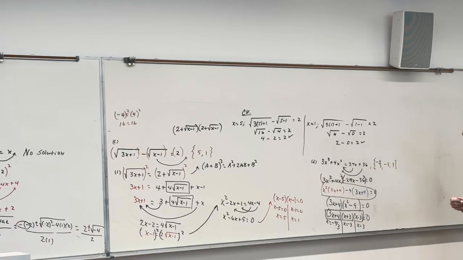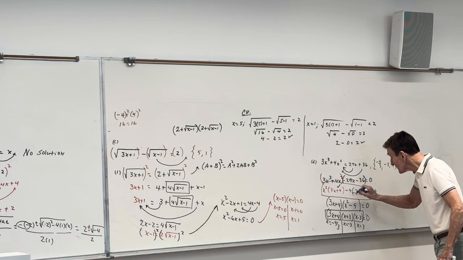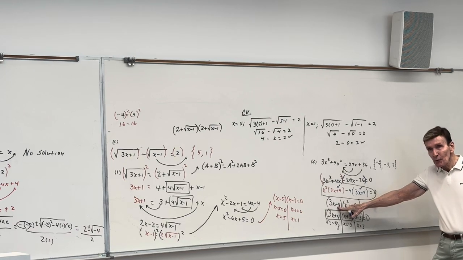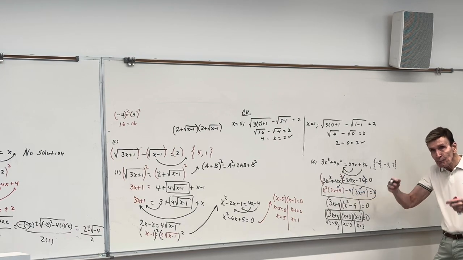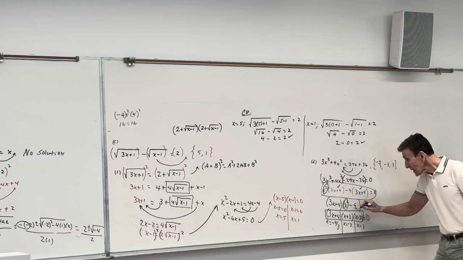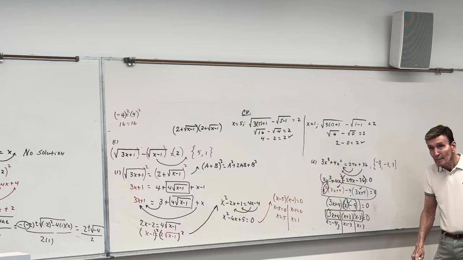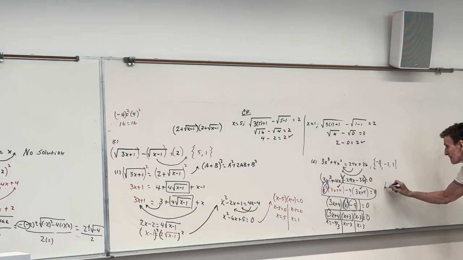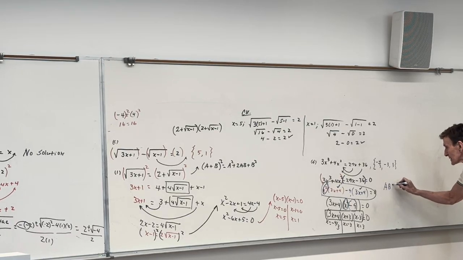All I did was take out a common factor. This shows up in both of them, so that's my common factor right here. 3x plus 4 is in common with both of them, so I pulled it out, and that left x squared, subtract 9. Okay, thank you. That help? Guys, look at this.